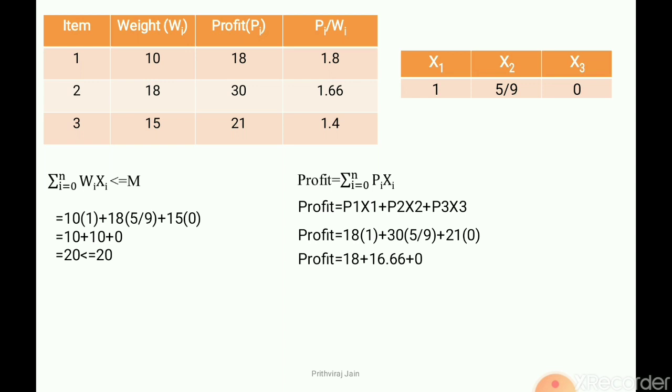After substituting the values, we will get 18 plus 16.66 plus 0, and lastly the profit value will be 34.7 units.